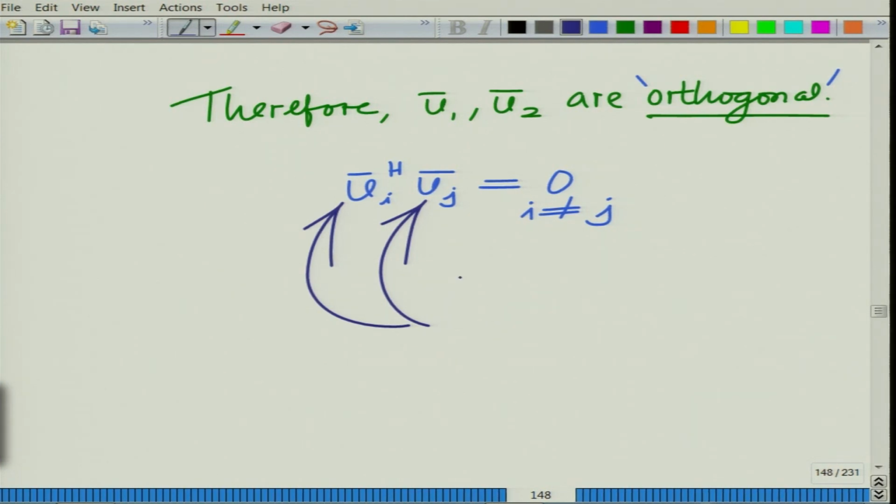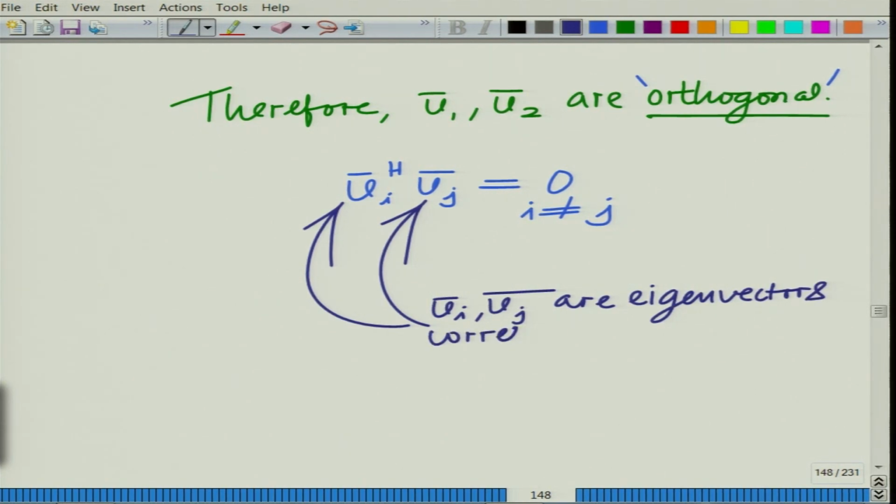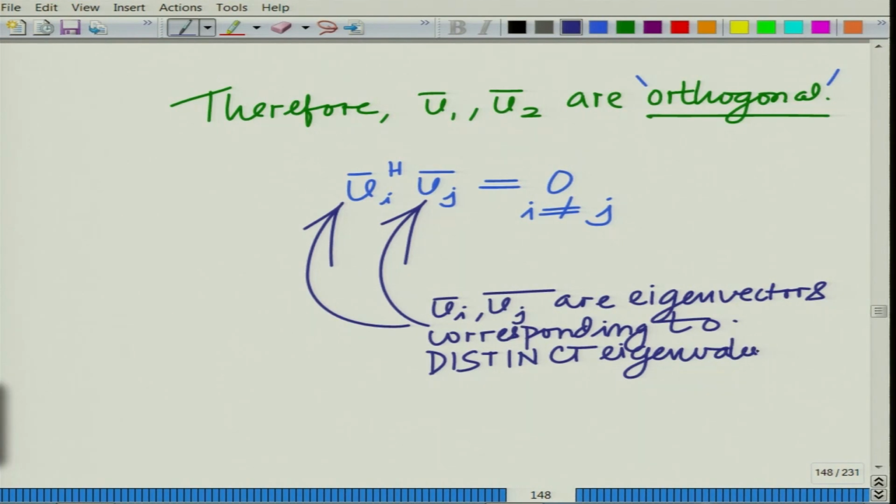where ui bar, uj bar are eigenvectors corresponding to distinct eigenvalues.